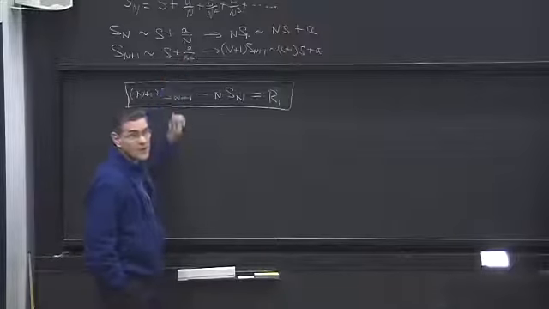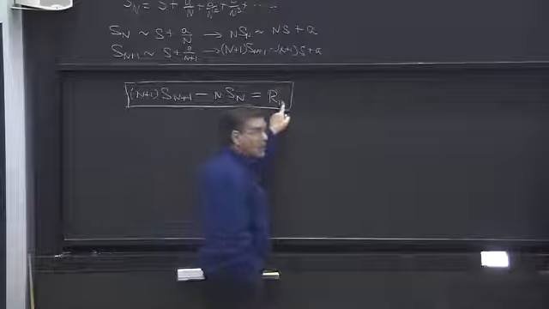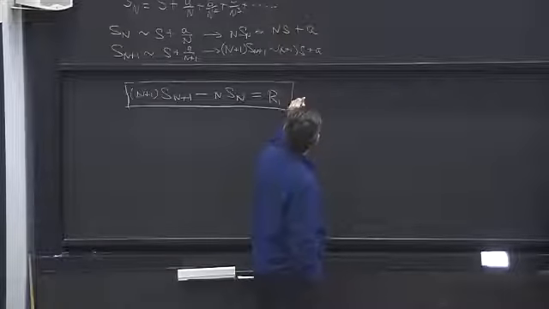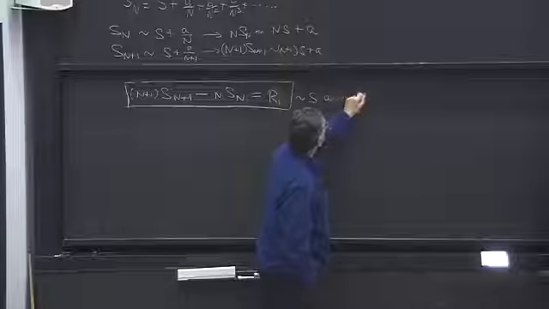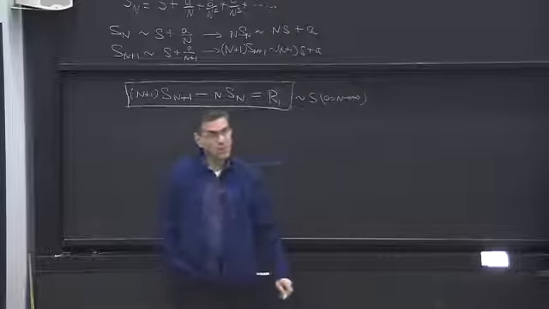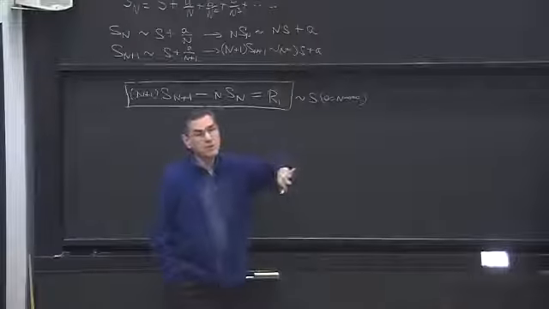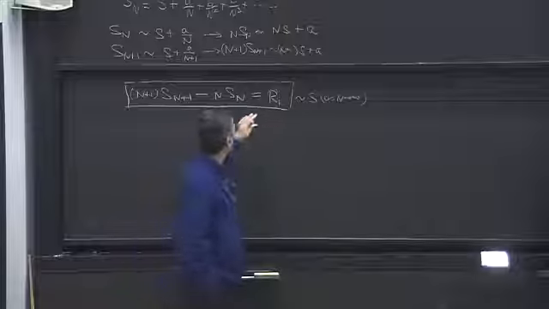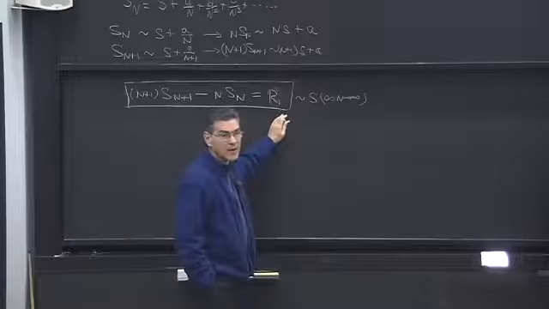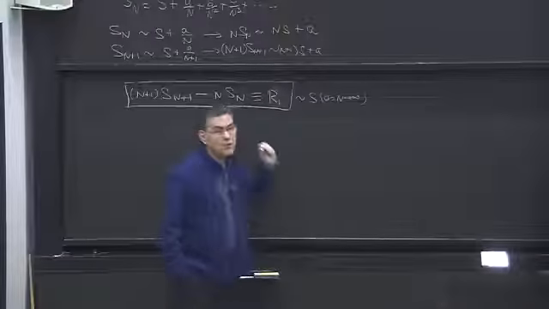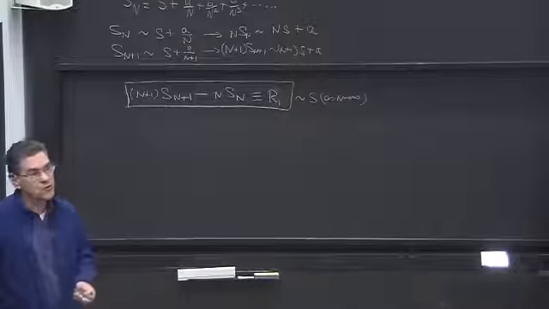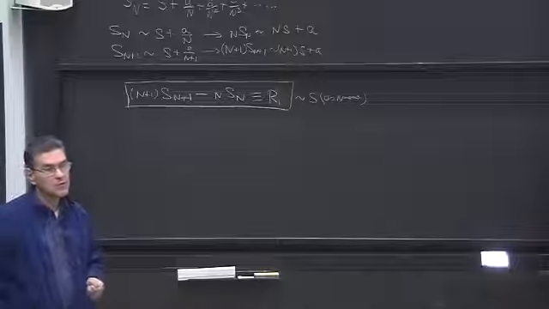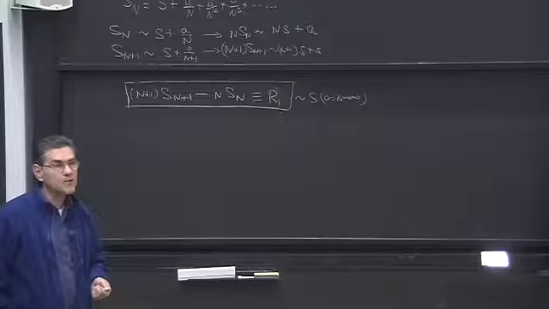And the statement is that R1 is asymptotic to S as n goes to infinity. That's the hope. I think this is a more proper way of writing it. So we'll define that as R1, the first Richardson extrapolation of the sequence.